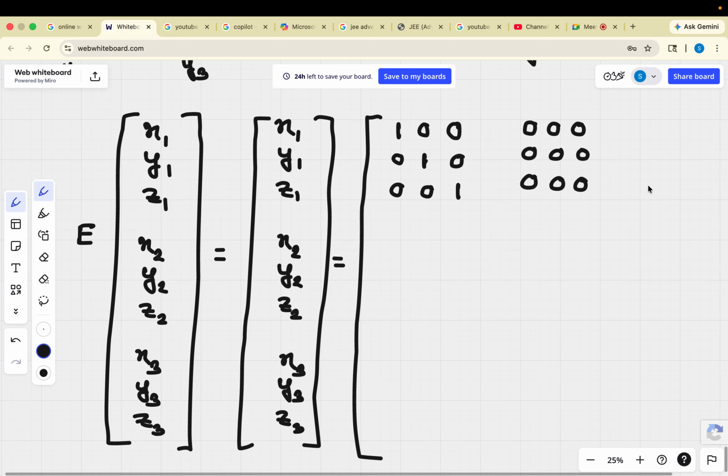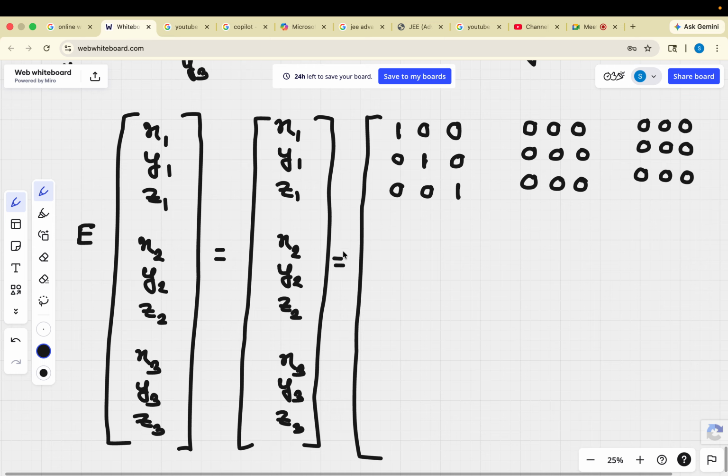So the 9 coordinate system you have to see, and x3 y3 z3, that is also not available here, so it will again be 0 0 0 0 0 0 0 0 0. Now x2 y2 z2, so here also you will get x2 y2 z2, right? So for x1 you have no x1 or x3 present in this horizontal row.